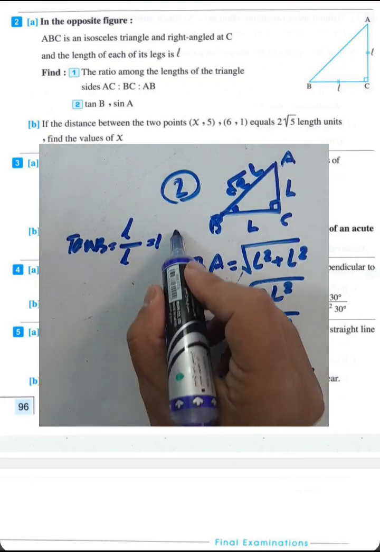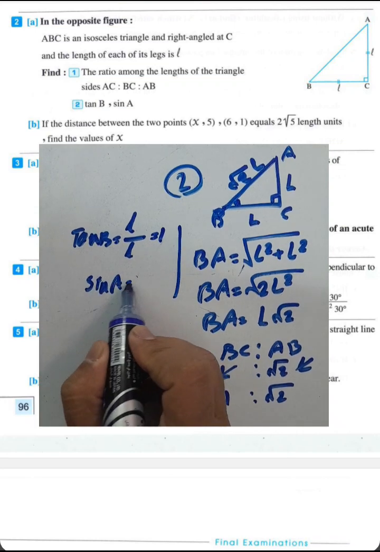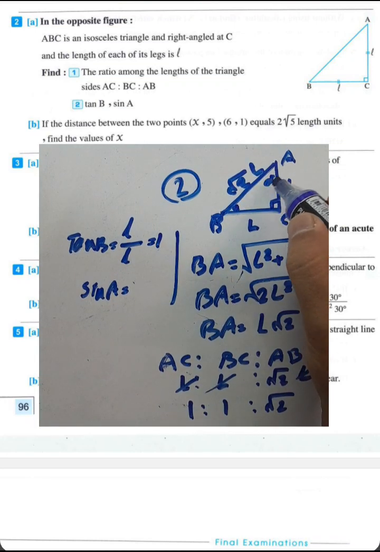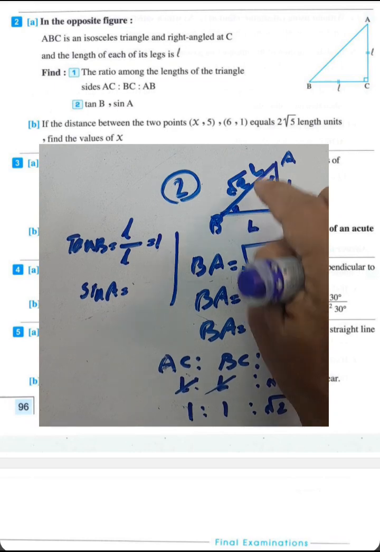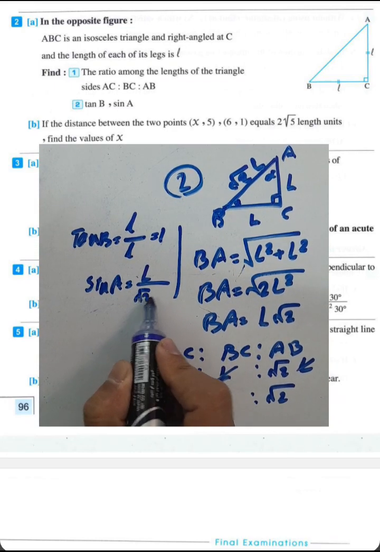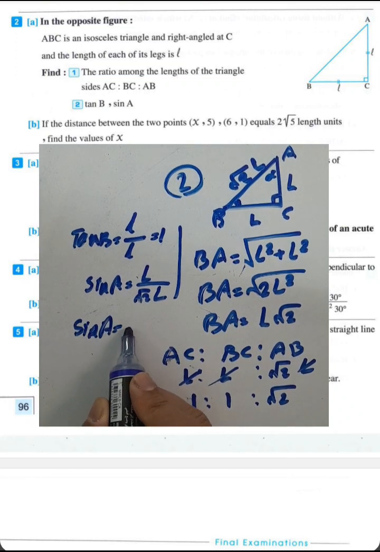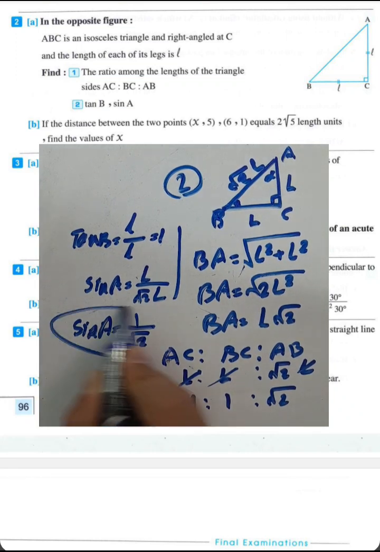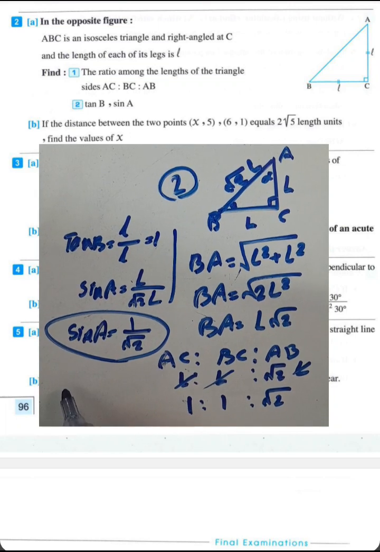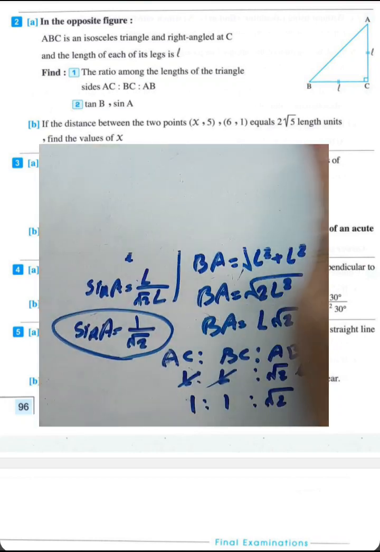And you want to find sine A, angle A here. Sine will be opposite over hypotenuse, L over root 2L, then sine A will be 1 over root 2. The result here is 1 over root 2.